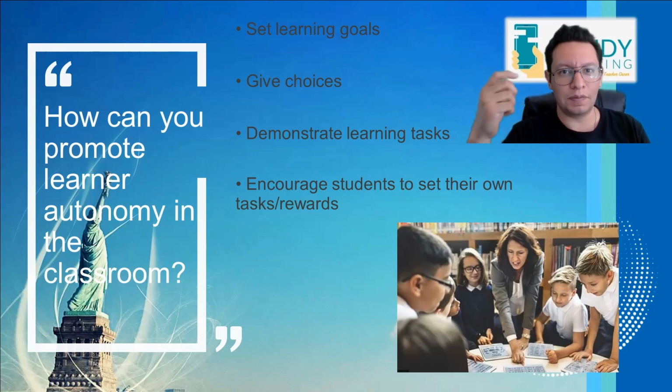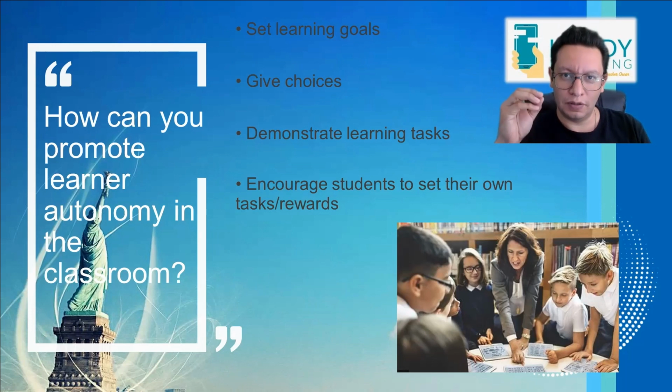Maybe they give themselves a candy, or 5 minutes watching their favorite song on YouTube, or anything that can motivate them to continue doing it. In that way, you're leading them to learn how to become aware of their needs, select what they need to learn, and protect their own motivation.